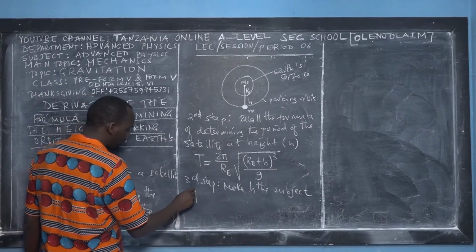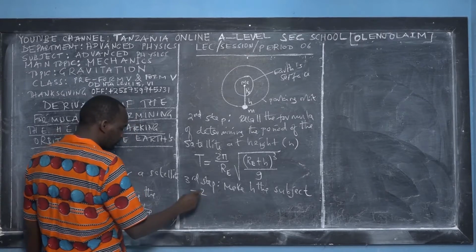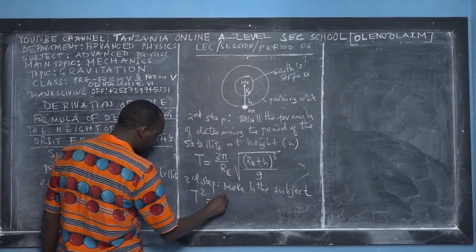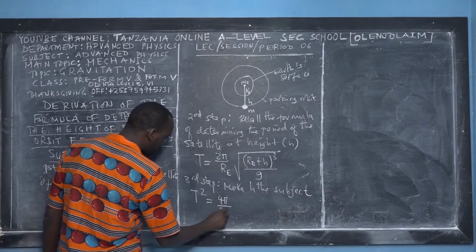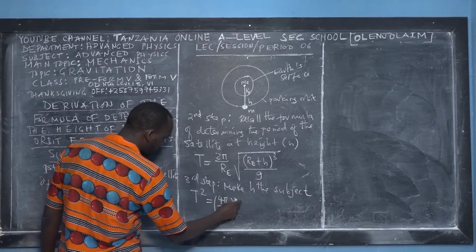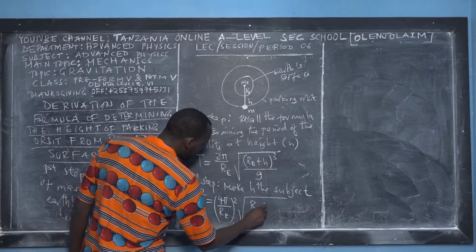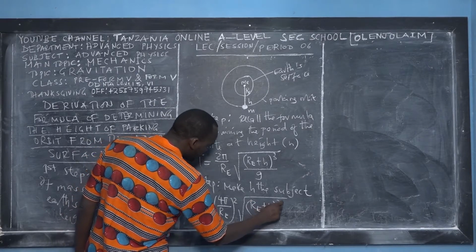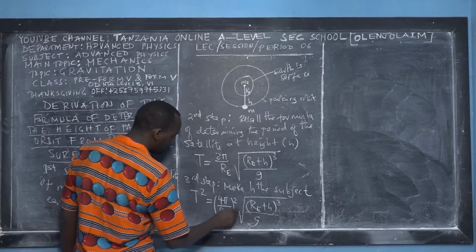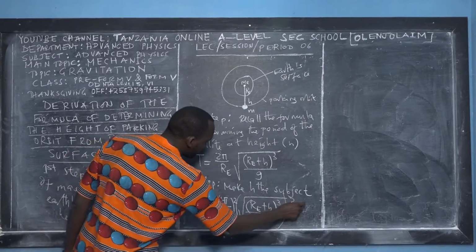To make h the subject, you have to square both sides. So you have T squared, then here we have 4 pi, then the radius of the Earth, but we have to square the whole term, and then the square root of the radius of the Earth plus the height h, cubed, over g. So we also have to square this term.